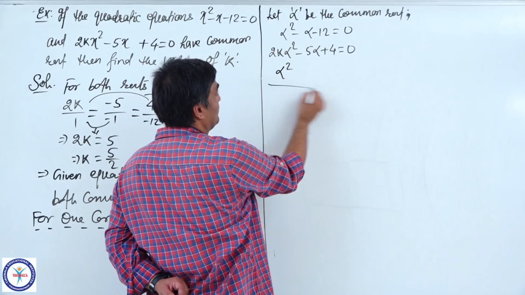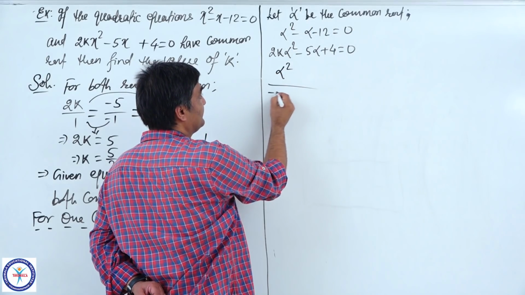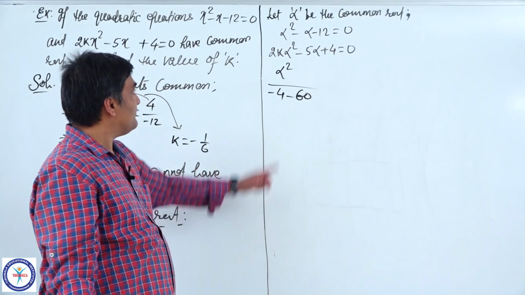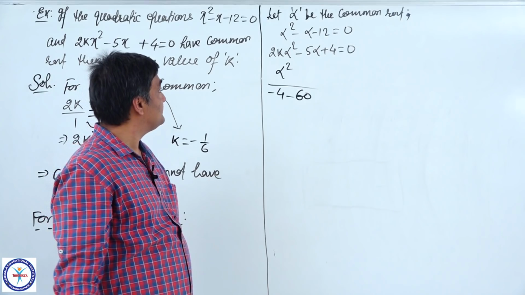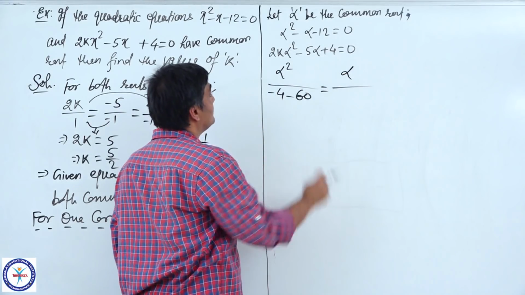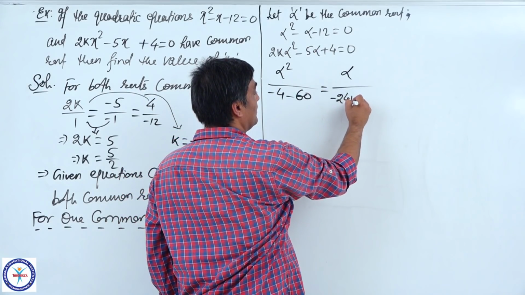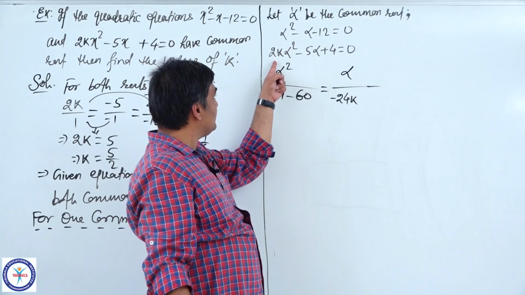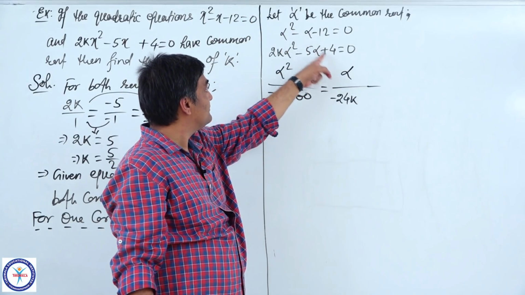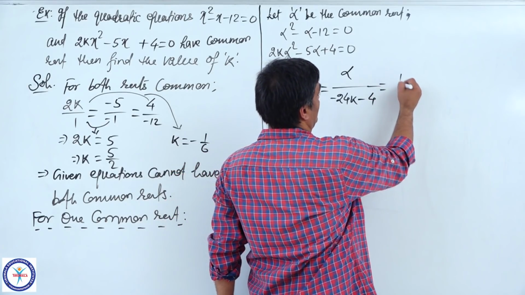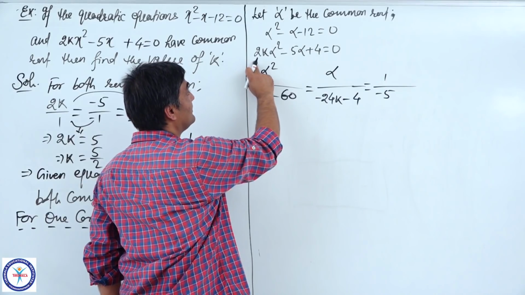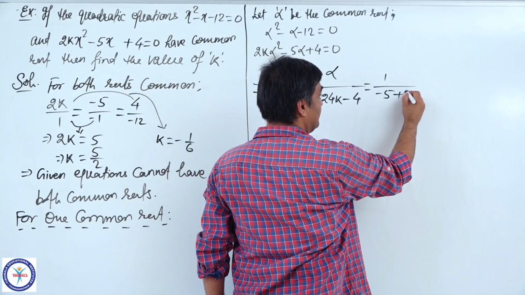So, here alpha square by -4 minus 60, alpha square by -4 by 60 minus 60, and alpha by -24k minus 24k, okay, minus 4, 1 by -5, and here minus 2k and minus sign, so it will be plus 2k.